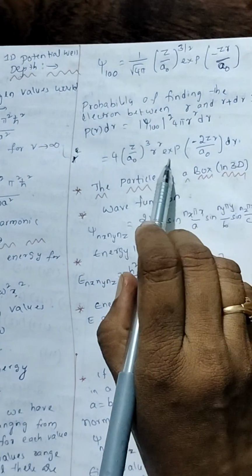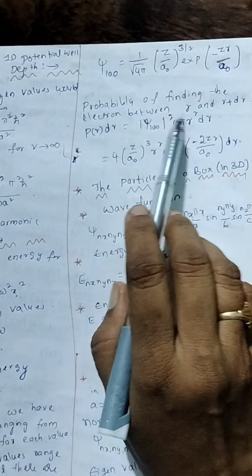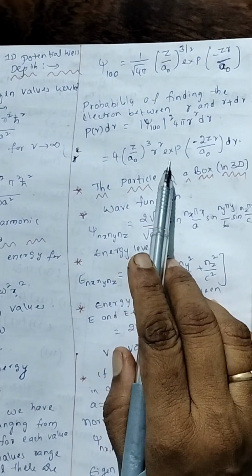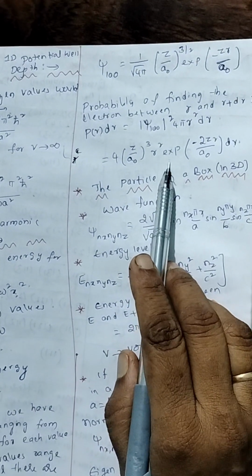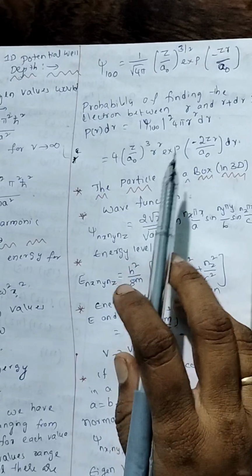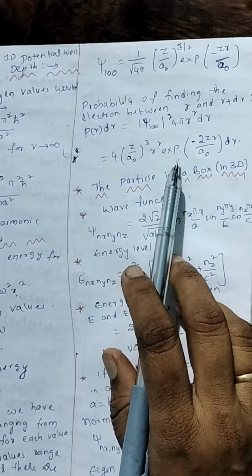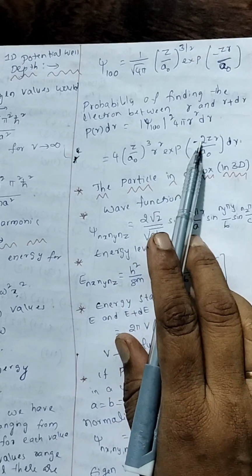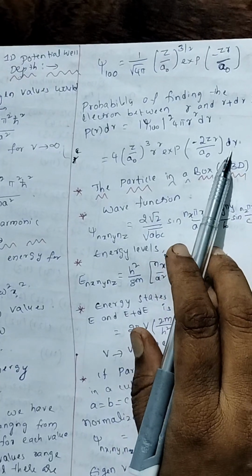They will ask in the bits for the probability of finding the electron between r and r plus dr. This is the formula: 4 z by a naught whole cube r square e to the power of minus 2 z r by a naught dr.